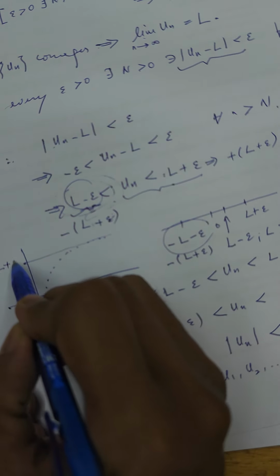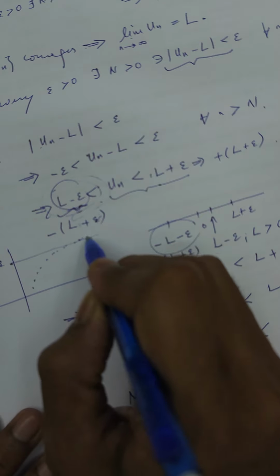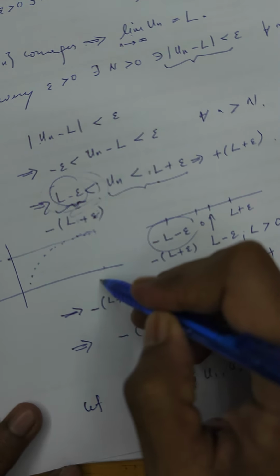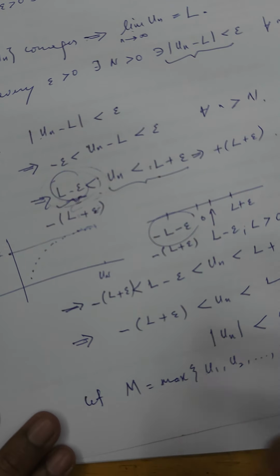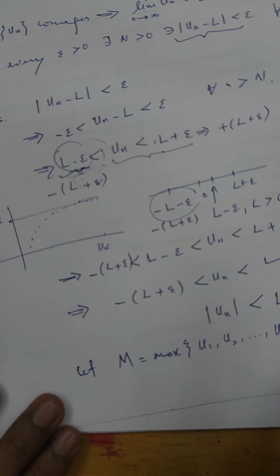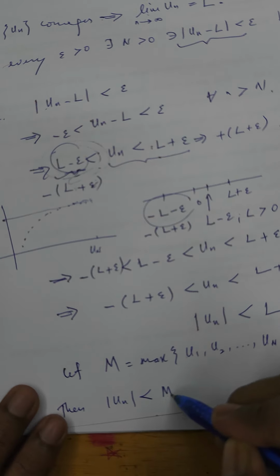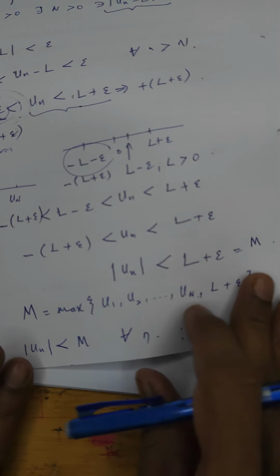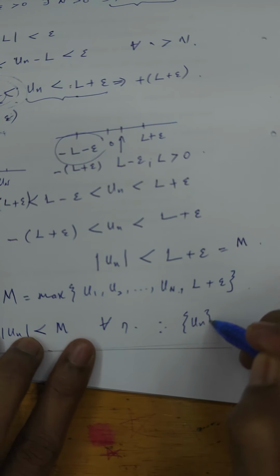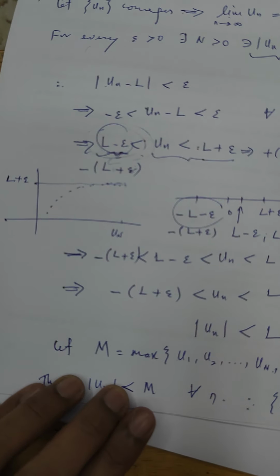If any of those terms or elements of the sequence is bigger than L plus epsilon, maybe somewhere there, let's say u_1 or u_n, then we choose that bigger number as our M. So let M be the maximum of those. Then u_n is always less than M for all n. Therefore our sequence is bounded, u_n is bounded. Okay, so I think the proof is quite clear.